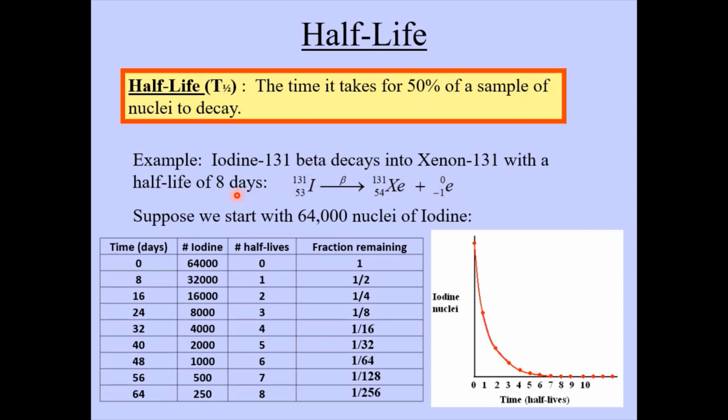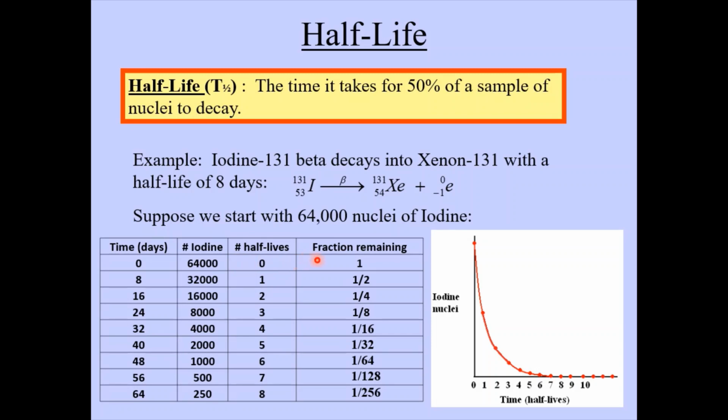So what does that mean? Well, suppose we start with, let's pick a nice round number here that we can easily divide by 2 many times. So let's start with 64,000 nuclei of iodine-131, okay? So at time 0, we start with 64,000 iodine. And obviously we haven't started the clock yet, so we haven't undergone any half-lives.